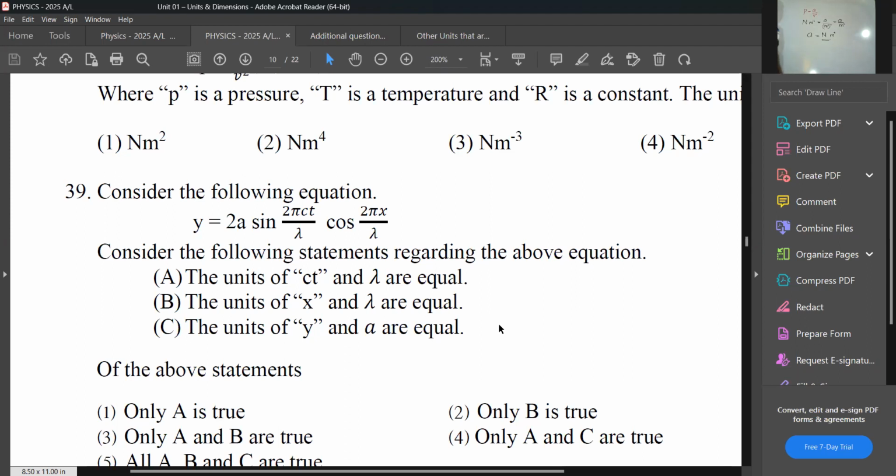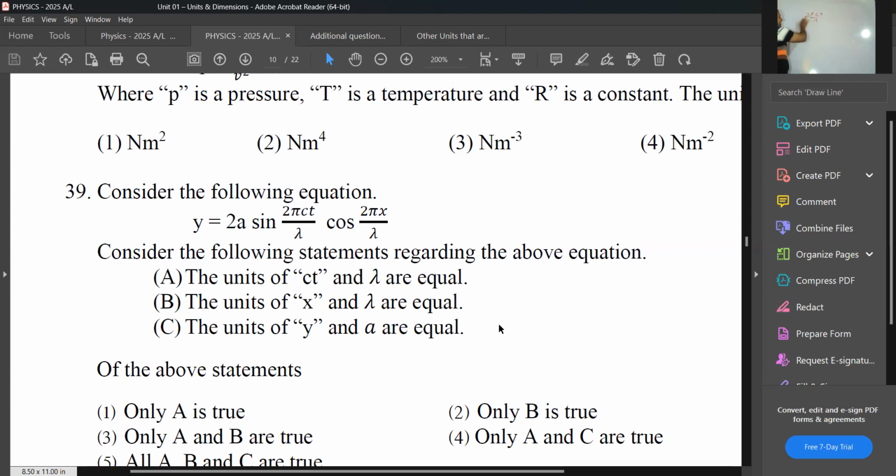You can clearly see there is an angle within the sine value. What is that? 2 pi CT over lambda. 2 pi CT over lambda is an angle.